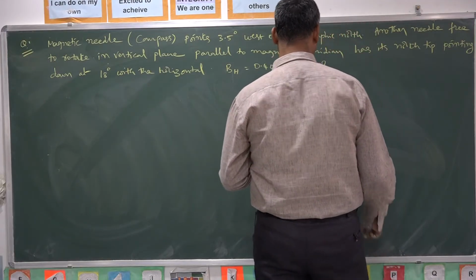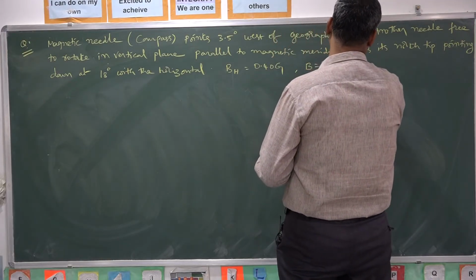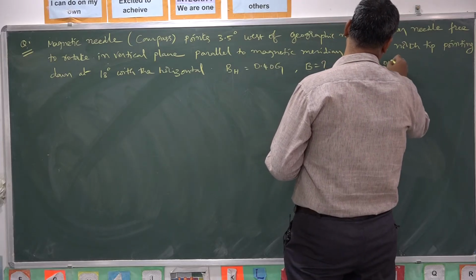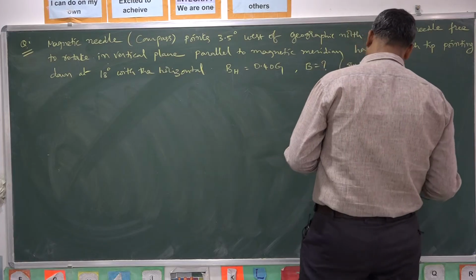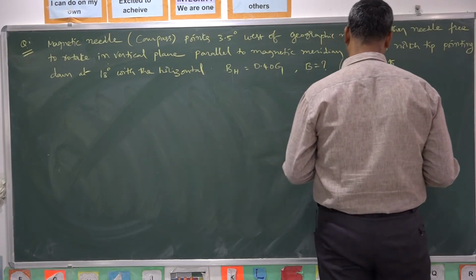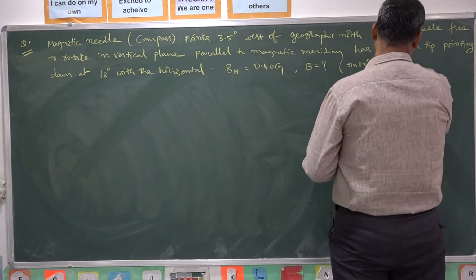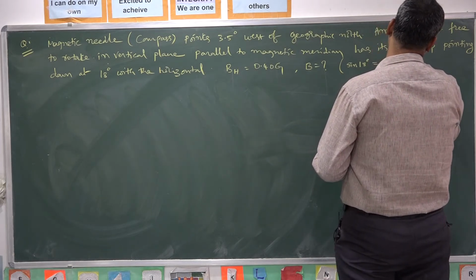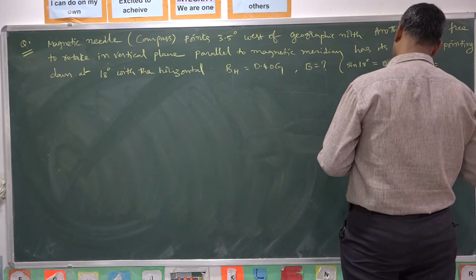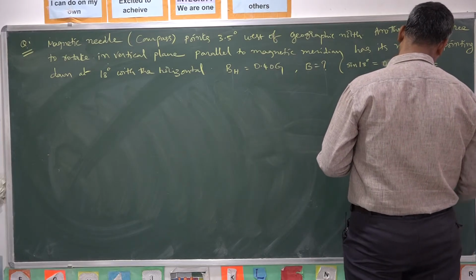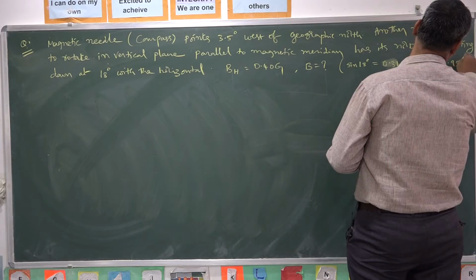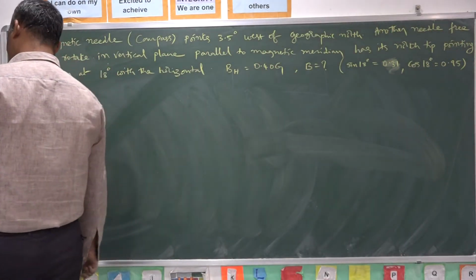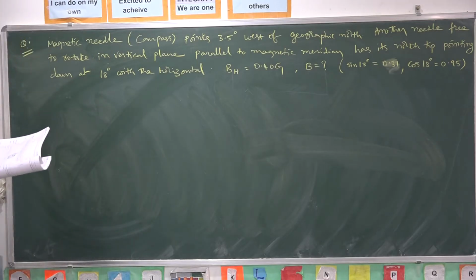In brackets they gave sin 18 degrees is equal to 0.31, and cos 18 degrees is equal to 0.95. This is the question given to us.